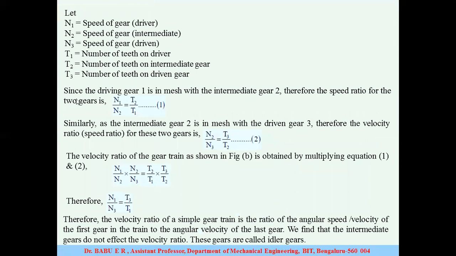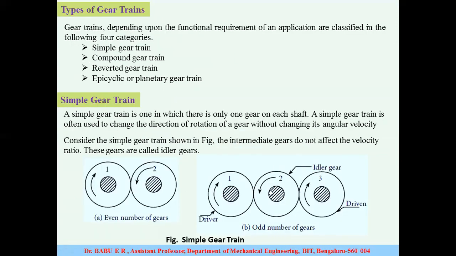Now, since the driving gear 1 is in mesh with the intermediate gear 2, when you see the diagram, this gear meshes with gear 2. The velocity ratio between these two is the ratio of the speed of the driving gear to the speed of the driven gear, which we can write as n1 by n2.